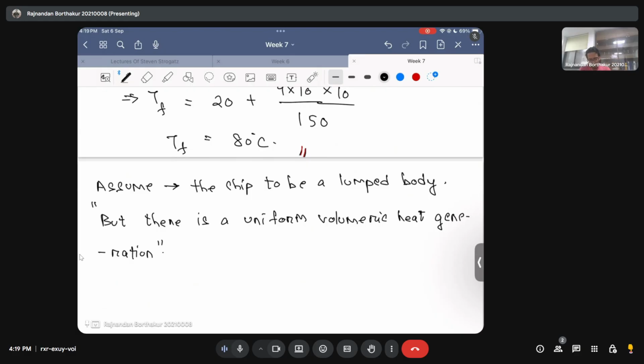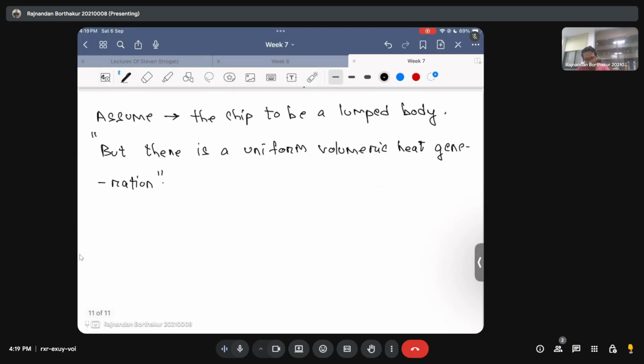Okay, and for this we will start from first principles, that is applying the energy balance in the transient zone.